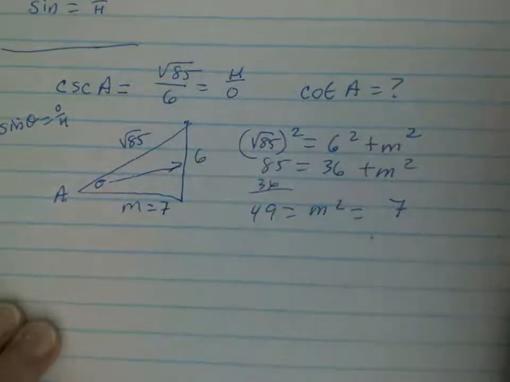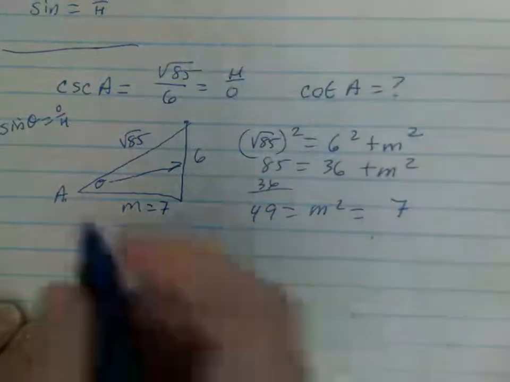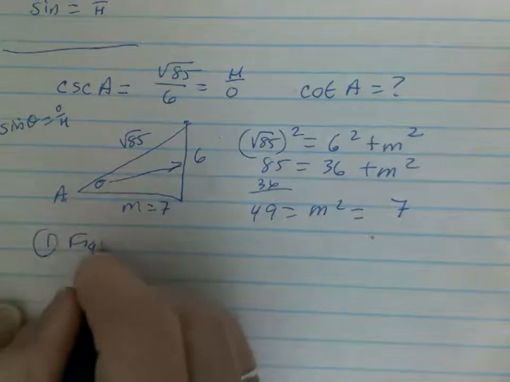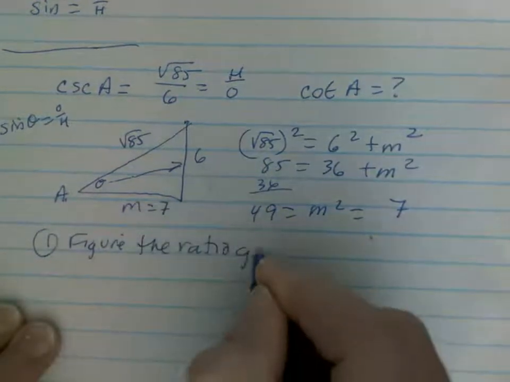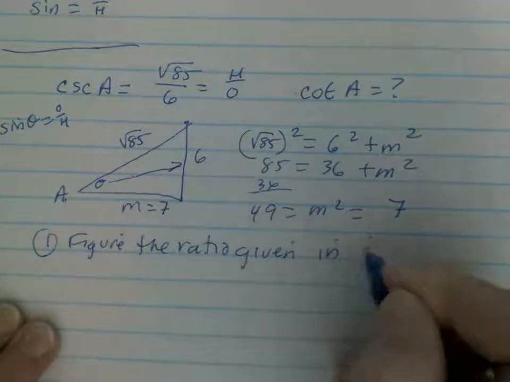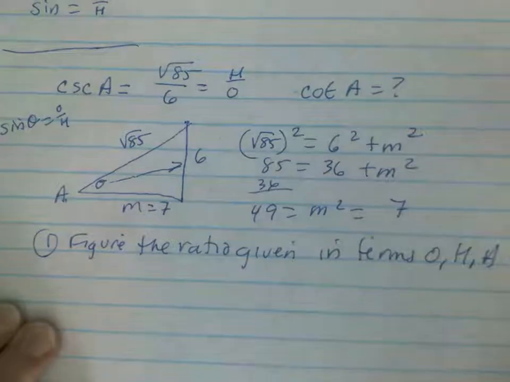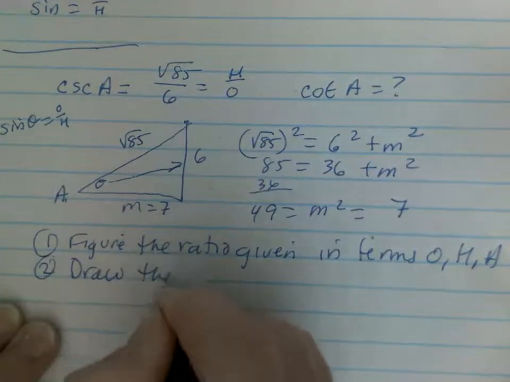If you want to write down some steps, the first step would be to figure out the ratio given, in terms of opposite, hypotenuse, and adjacent. Second step would be to draw the right triangle.